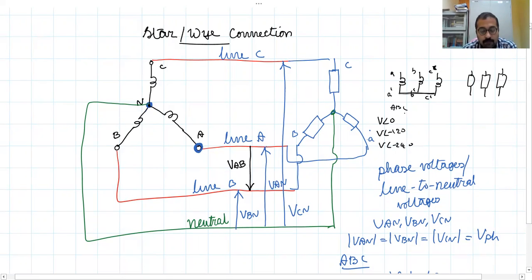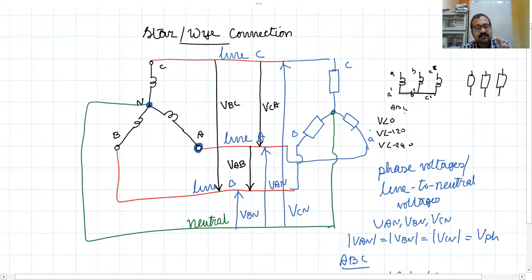Or between lines B and C. Where is line B? Line B is here, line C is here. Between lines B and C, VBC. Or between line C and A. That is called line voltage VCA.